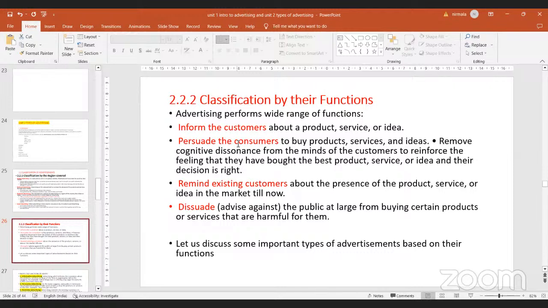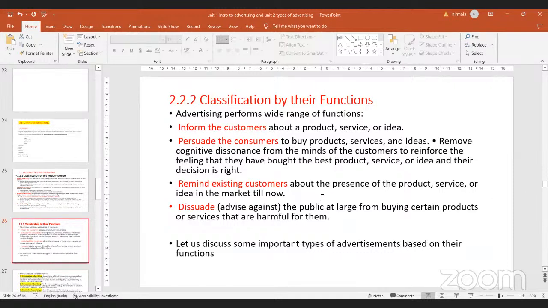And advertising also persuades the consumers to buy the products and services and also the ideas. And here, to remove the cognitive dissonance in the minds of the consumers and to reinforce the feeling that they can buy or make the best use of their products and services and ideas or organization or a company, the advertising is also done.